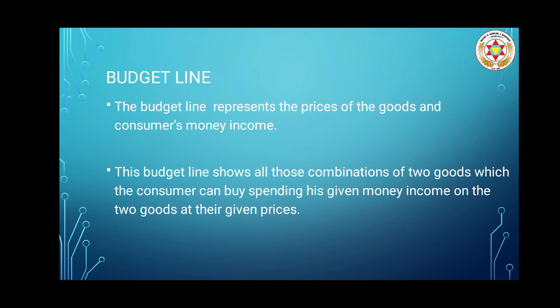His preference pattern is represented by the set of indifference curves, while his purchasing power depends on his money income and the market prices of the goods. So the budget line shows all those combinations of two goods which the consumer can buy by spending his given money income on the two goods at their given prices.